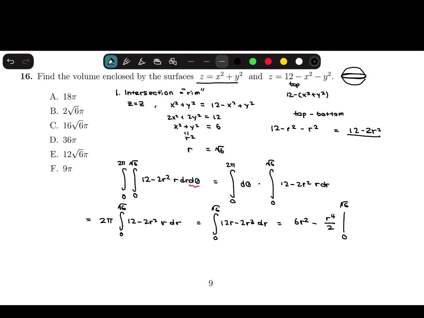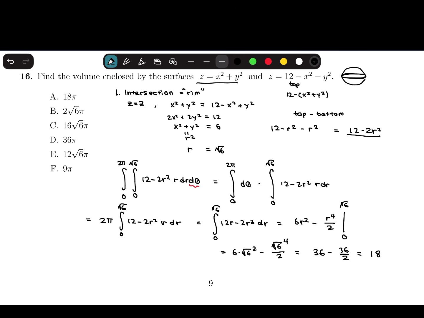So we plug in square root of 6, you get 6 times square root of 6 squared minus square root of 6 to the 4th over 2, which simply gets you 36 minus 36 over 2, which is just 18.